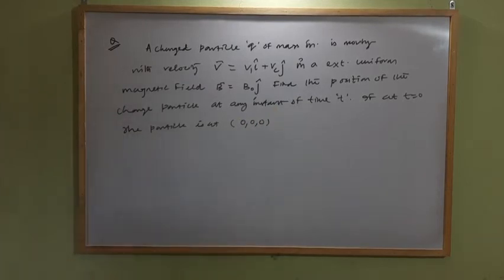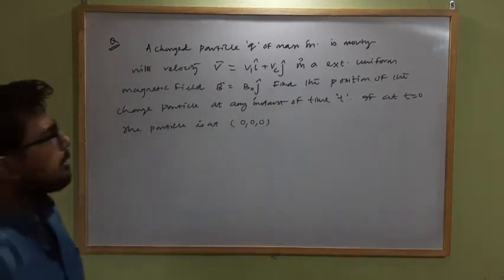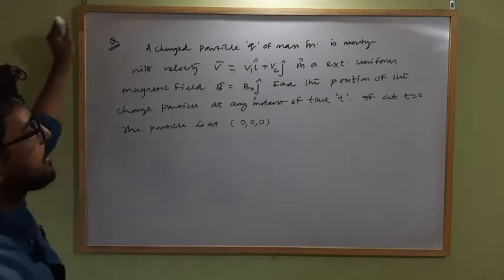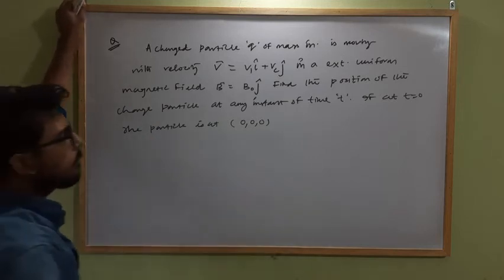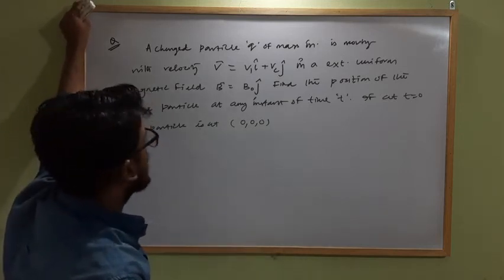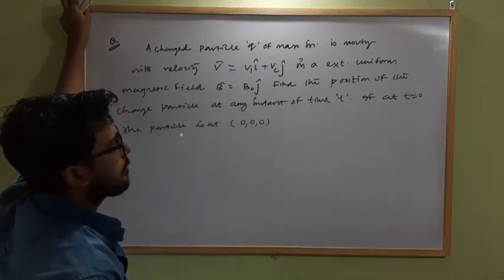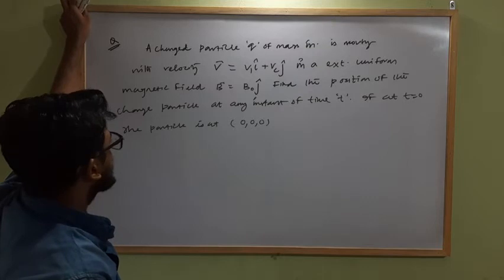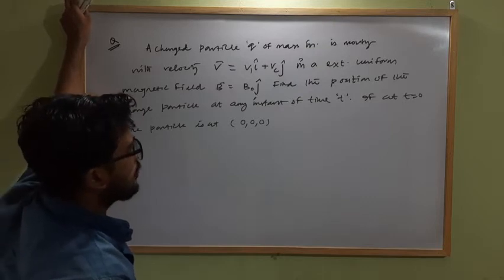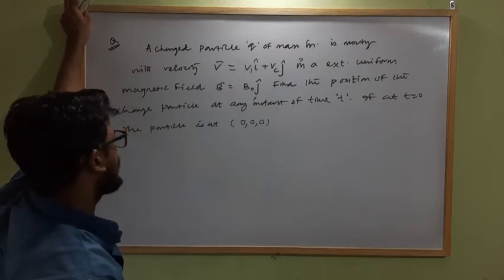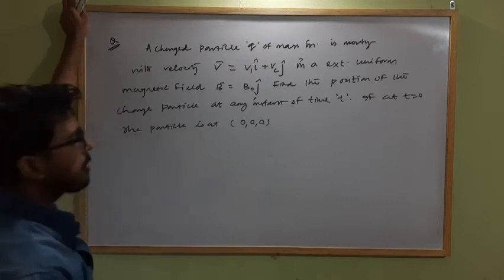Clear? So a charged particle Q of mass m is moving with velocity v given as v1 i cap plus v2 j cap in an external uniform magnetic field having strength B equal to B naught j cap. So find the position of the charged particle at any instant of time t if at time t equal to 0 the particle is at the origin. Clear? So how to solve this?